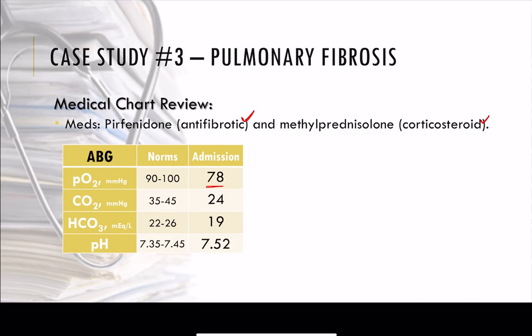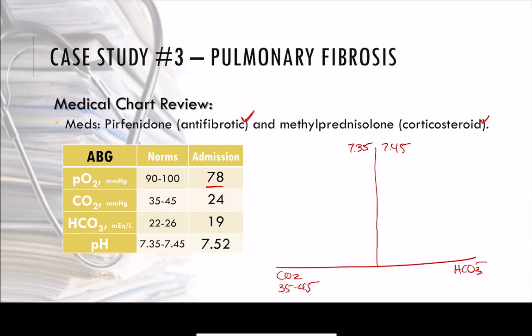Let's look at the acid-base balance. So if we create our balance of our pH and we put carbon dioxide on the acidic side and bicarb on the basic side, and we fill in our patient, 7.52 is his acid-base status, I should say.